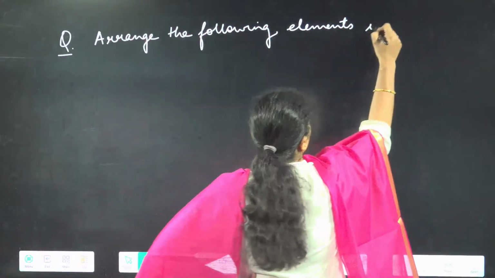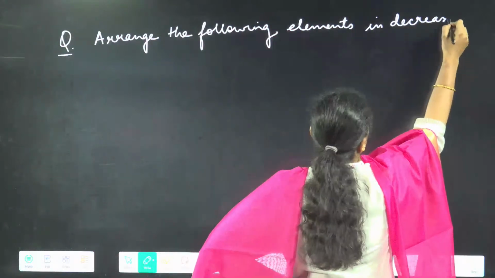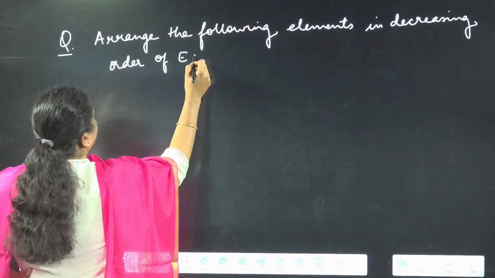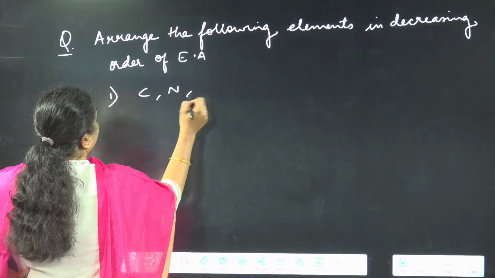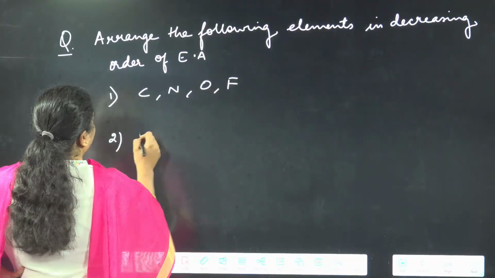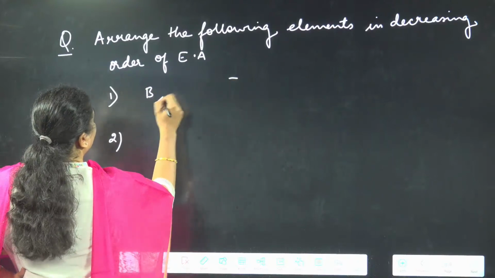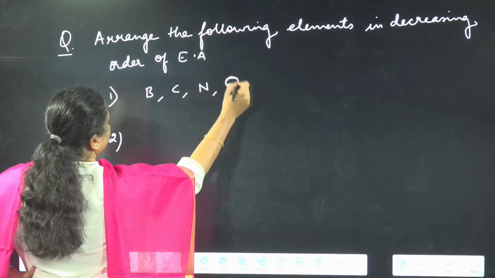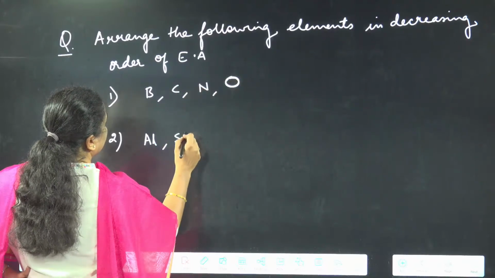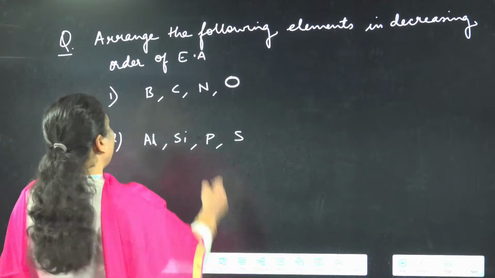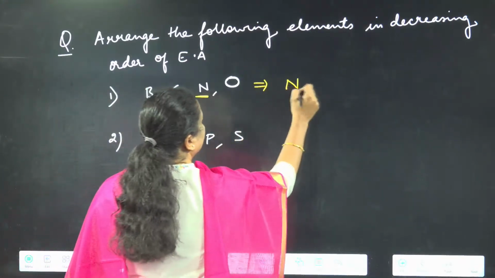Arrange the following elements in decreasing order of their electron affinity. Suppose I am writing carbon, nitrogen, oxygen and fluorine. Second one: boron, carbon, nitrogen, oxygen. And you have aluminium, silicon, phosphorus and sulfur. Electron affinity order you have to tell. Out of this, first one, definitely nitrogen is the least.